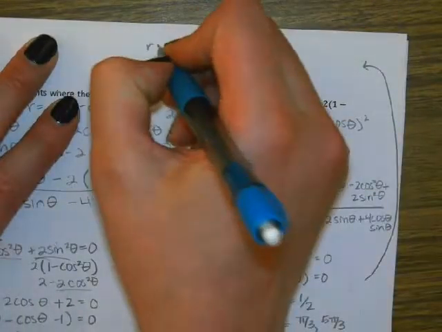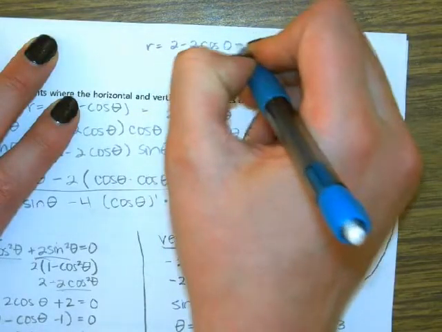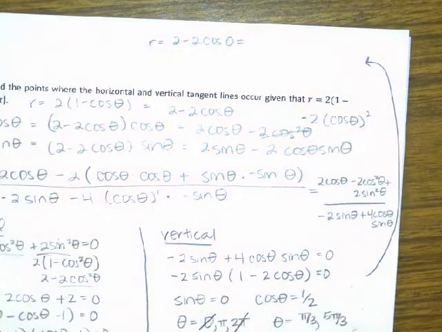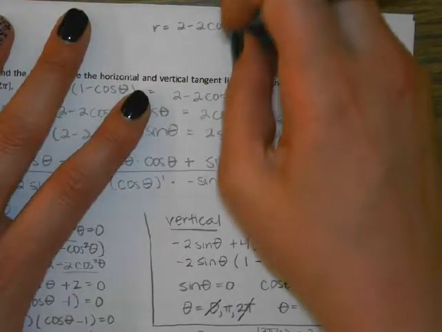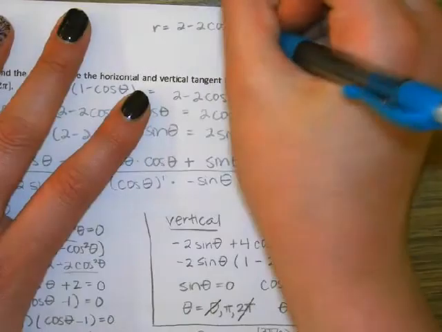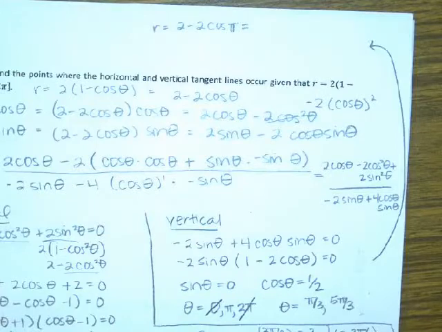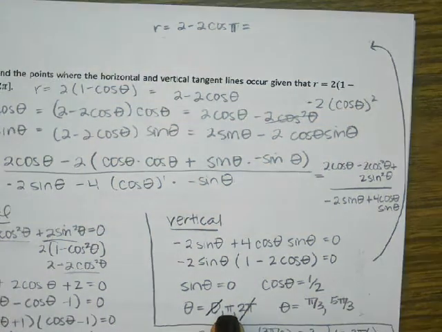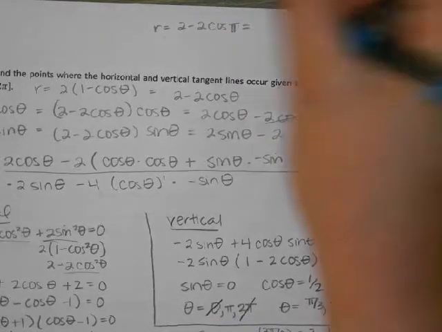So for vertical tangents, r equals 2 minus 2 cos of pi. So when you plug in pi, what's cos of pi? Negative 1. So 2 minus 2 times negative 1 is 2 plus 2, so that's 4.